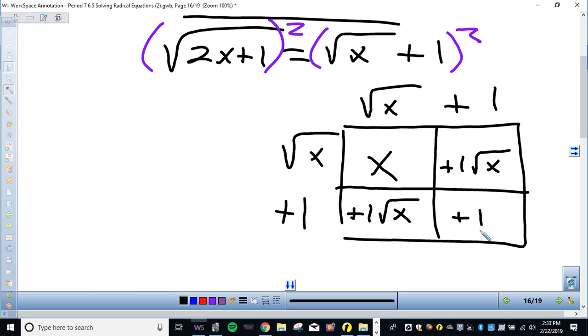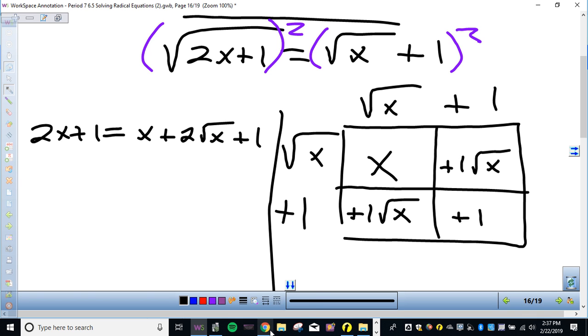Okay, so on the left side, we get 2x plus 1.